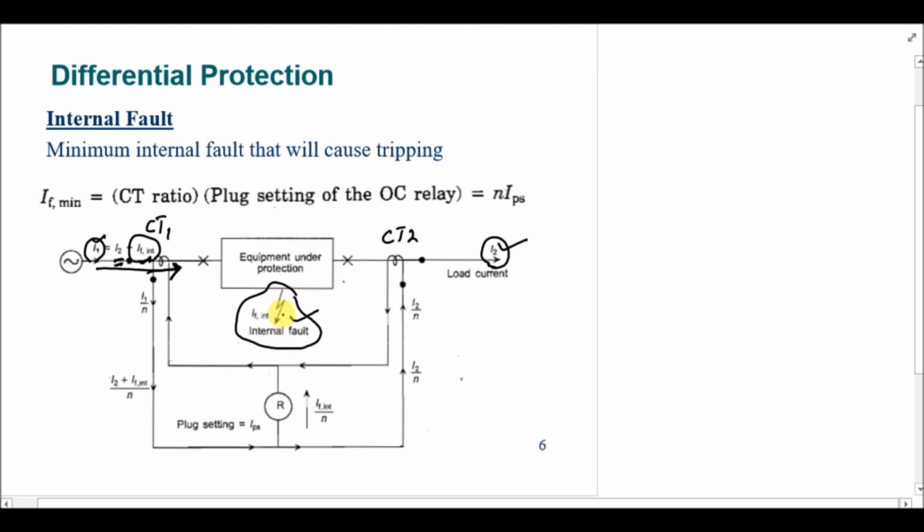So I2 is only flowing through CT2, and this I2 is smaller than I1 because the fault current is actually at this point, so the fault current is not added into I2.